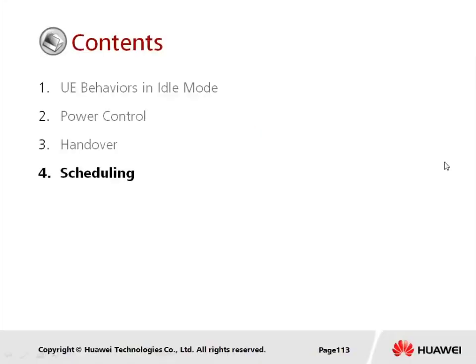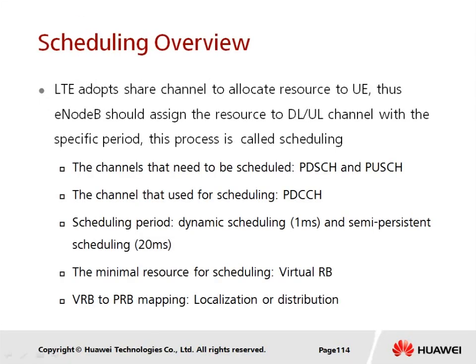The next RNO basic feature is about scheduling. In LTE, it adopts a shared channel concept in both downlink and uplink, which is PDSCH for downlink and PUSCH for uplink.